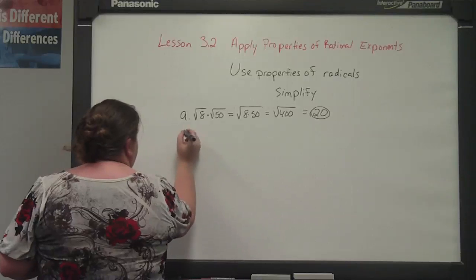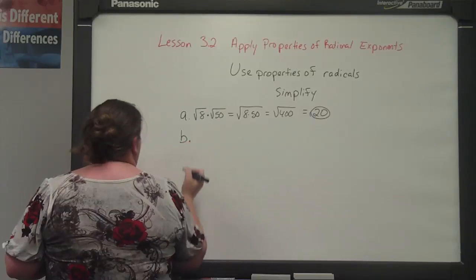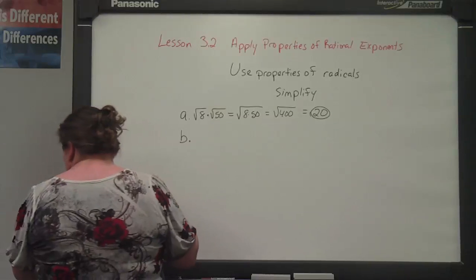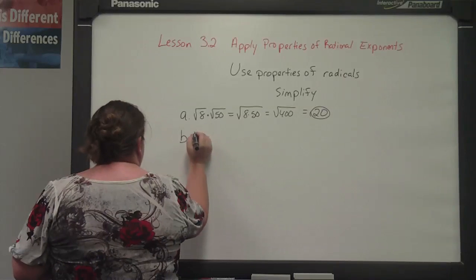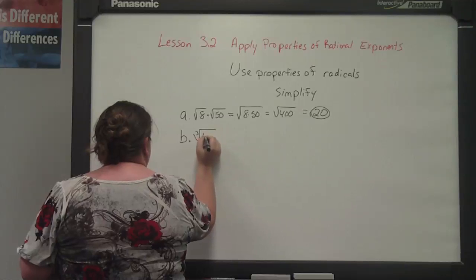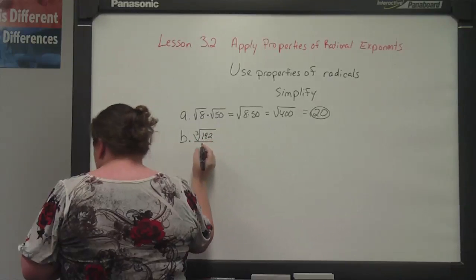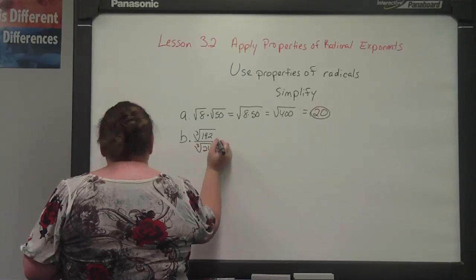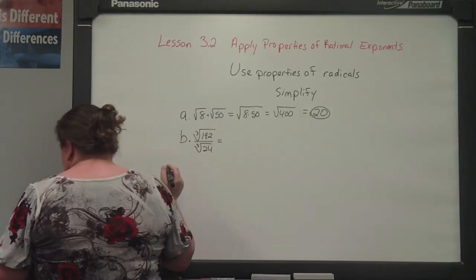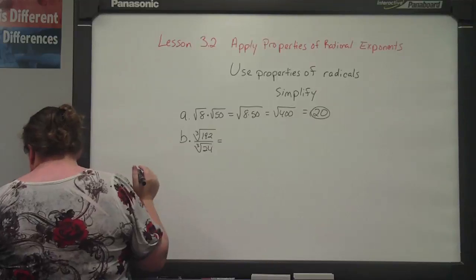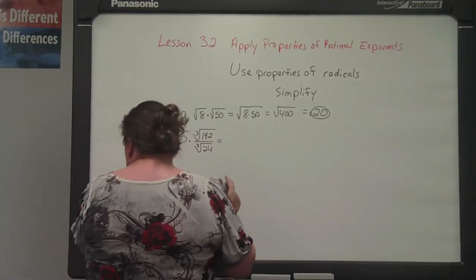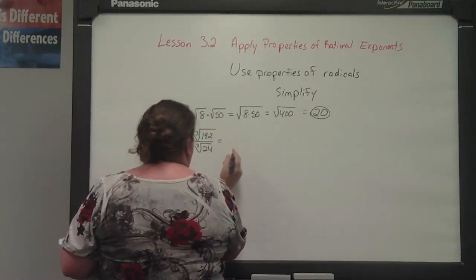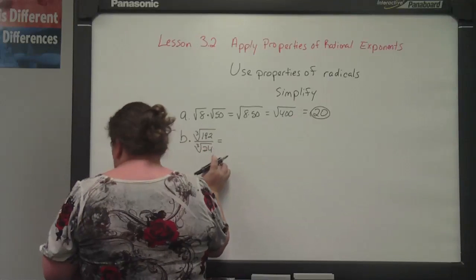The second property, again, remember it was the division, the quotient. So we've got the cube root of 192 over the cube root of 24, which is equal to, we can rewrite 24 as 8 times 3.